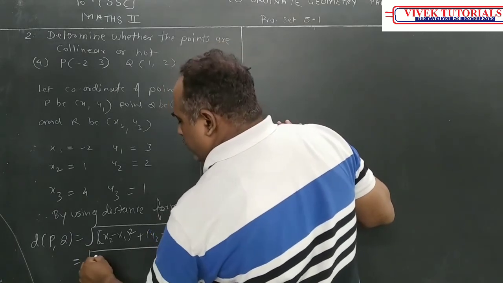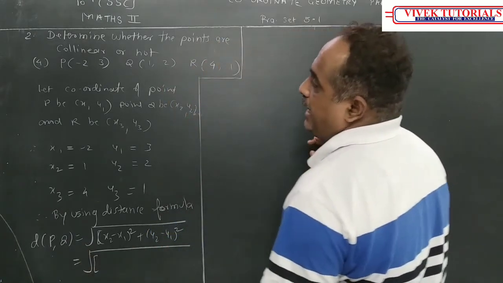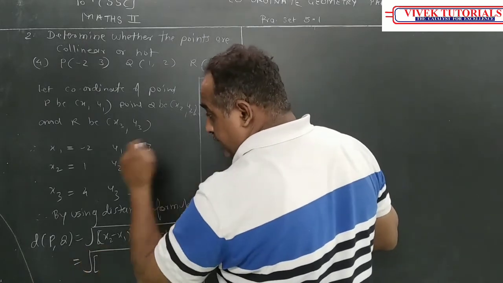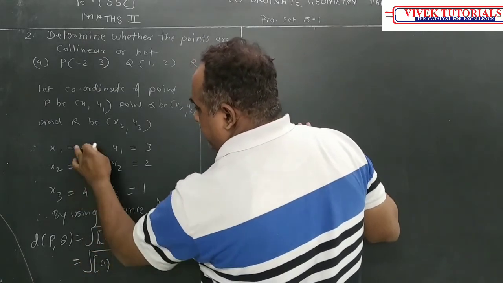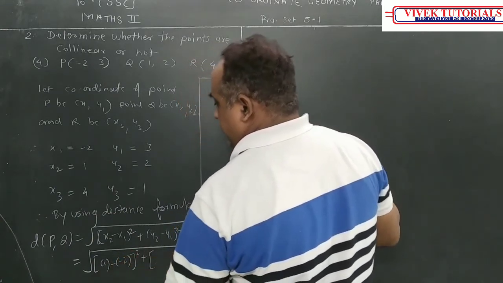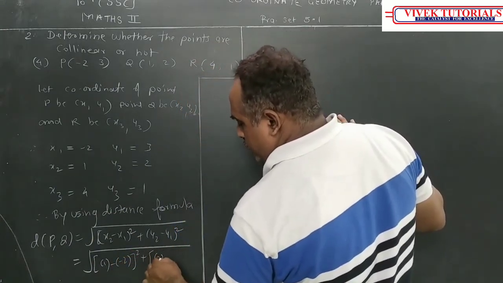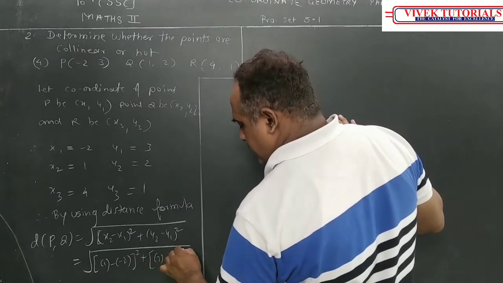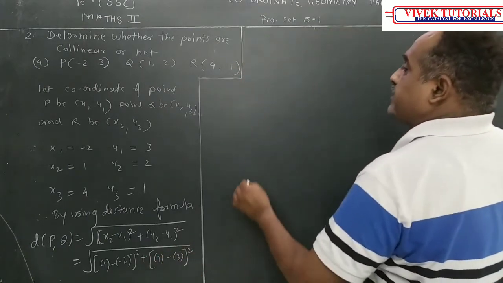So what you are going to do is put a square bracket, and put the values only in the square bracket. 1 minus -2 the whole square, and here it will be 2 minus 3 the whole square.